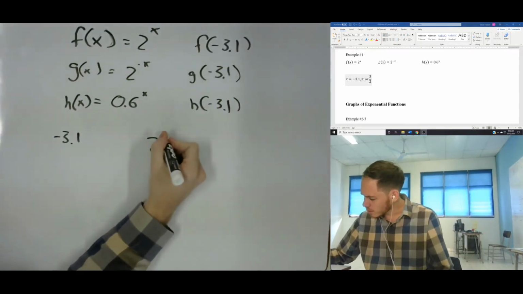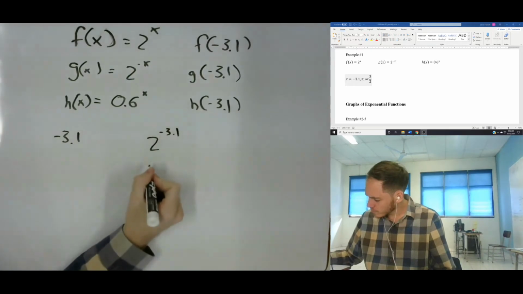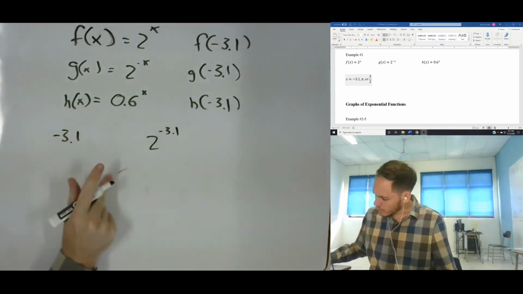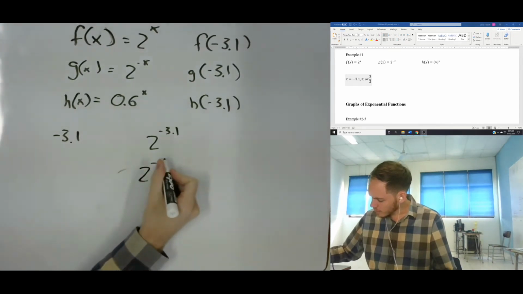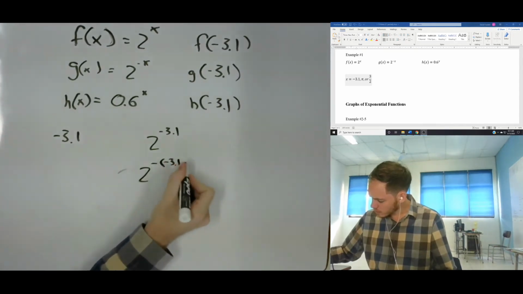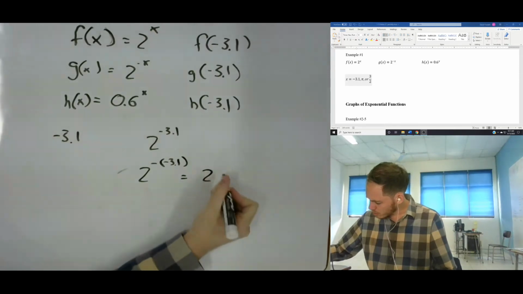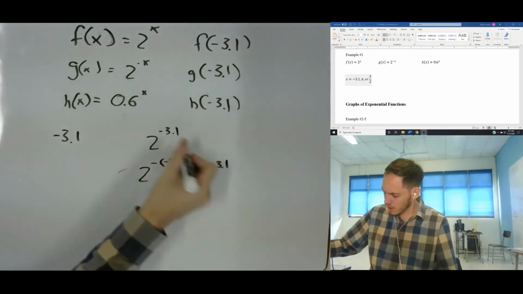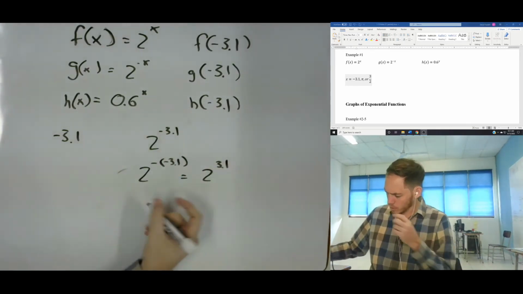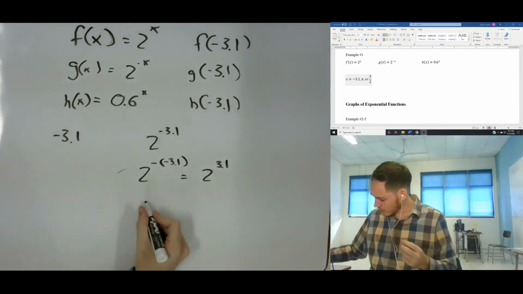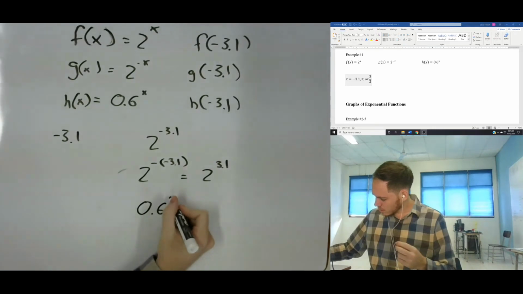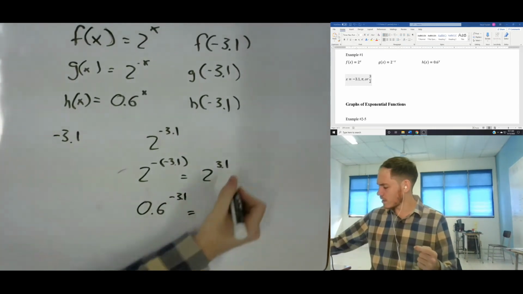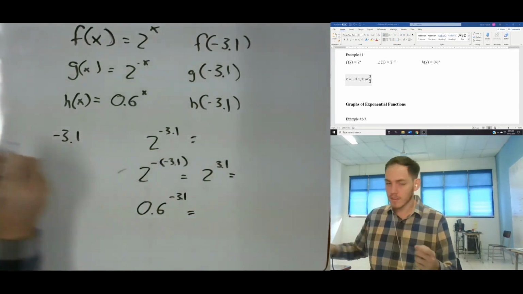You do 2 to the negative 3.1, and g would become 2 to the 3.1. So notice these two are inverses of what the number is going to be, and then you have 0.6 to the negative 3.1. So you just plug this into the calculator, and it's going to give you solutions.